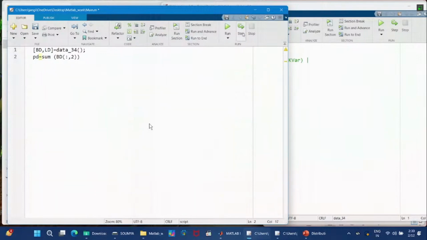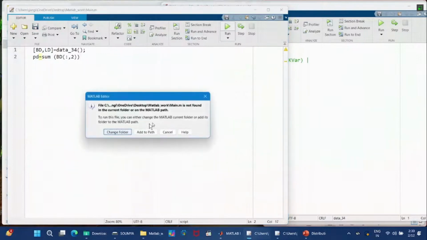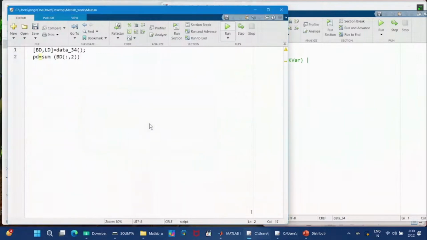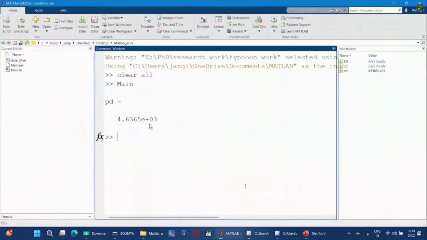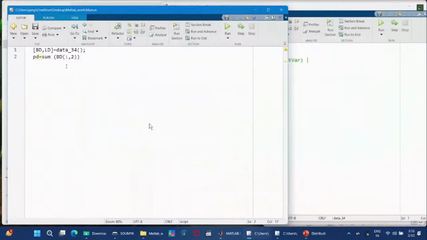Yes, it is working fine, I think. So basically what I did is, in the first line I read all of the data, and thereafter I added up our total active power demand.